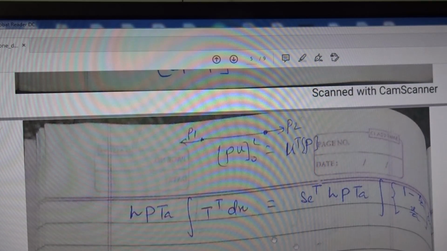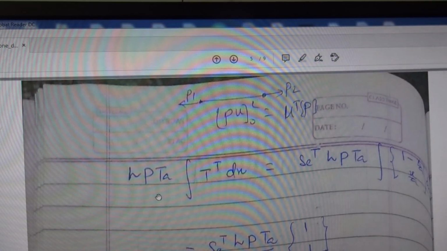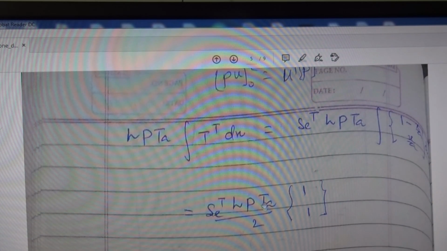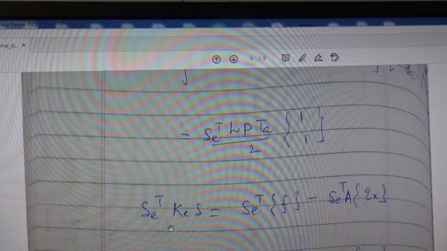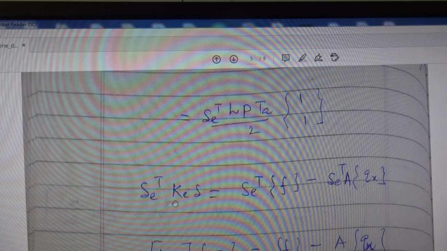This is similar to this side, the force matrix HP T into T dx. So when analyzing, this is the force term delta E HP TA by 2 1 1, and when you solve it, it comes in this form: delta E T K delta is equal to delta E T F minus delta E T A QX.